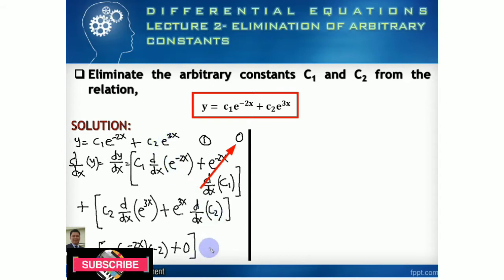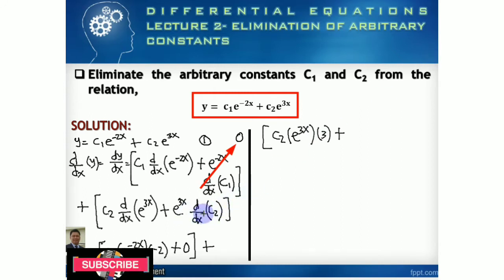So this would be plus, so proceeding here, plus, so we have this c2 times the derivative of this one is e to the u du, in which our u is 3x, so this would be times e to the power of 3x times the derivative of your 3x, which is 3, and again this one is just equal to 0.